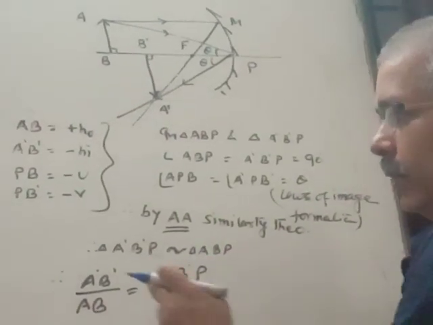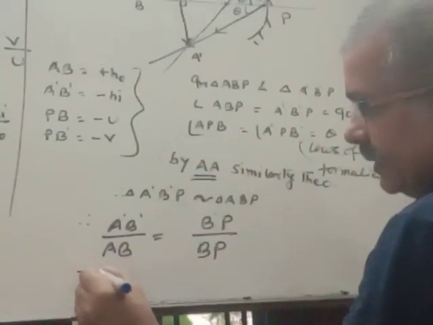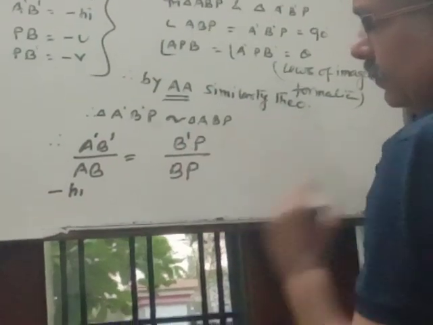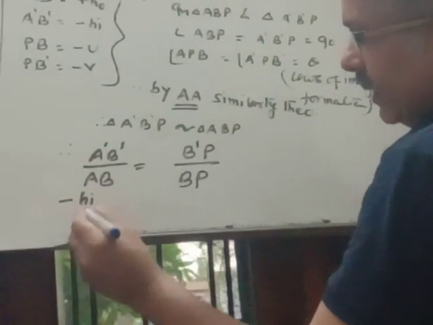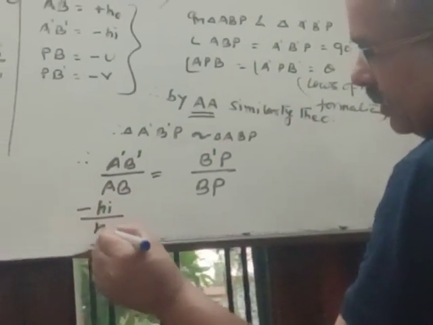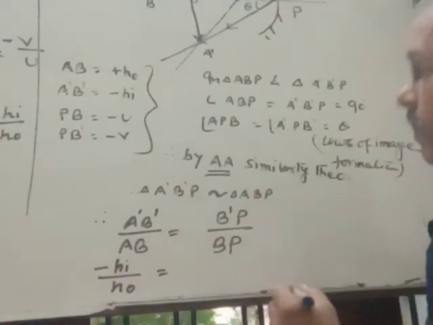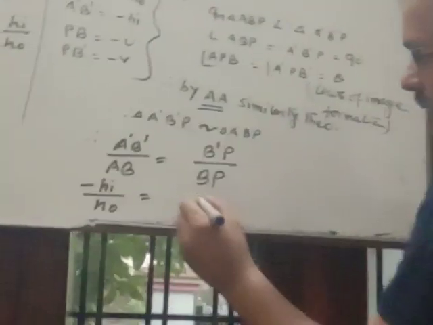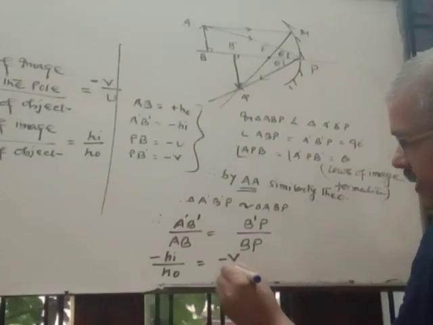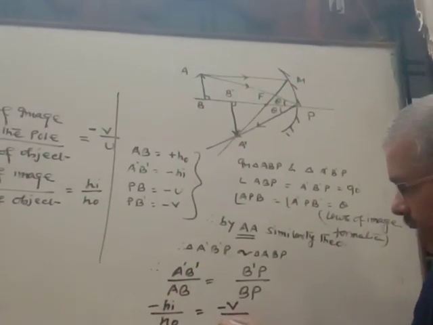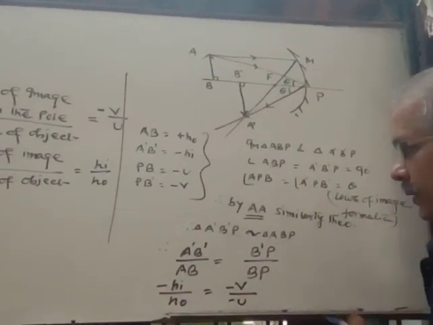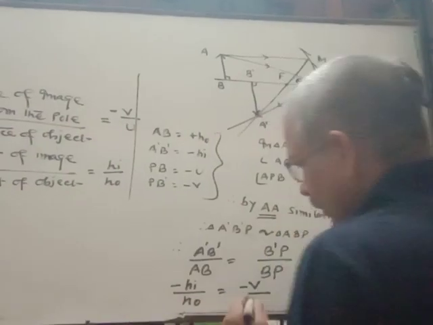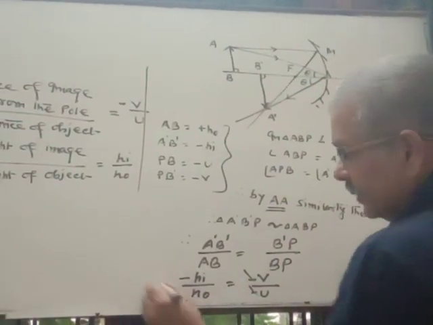Now put their values. A dash B dash is minus HI by HO. B dash P is minus V, by BP, minus U. Clear? So here the negative sign gets cancelled.